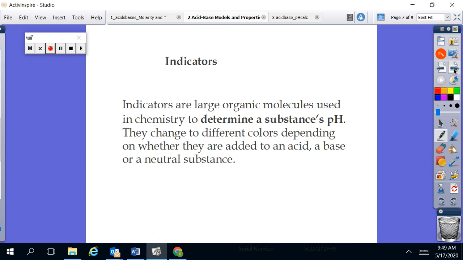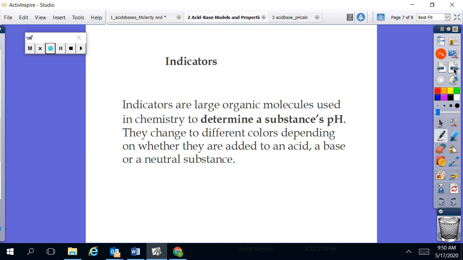Okay, our last topic, something that's important to understand, is something called an indicator. The definition of an indicator is basically a chemical that's used to determine a substance's pH. Indicators will change to different colors depending on whether they're added to an acid, a base, or a neutral substance.